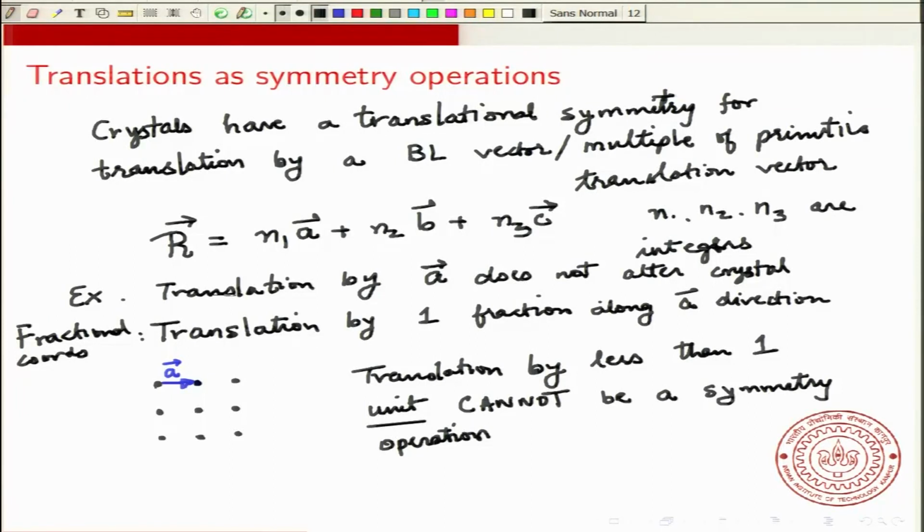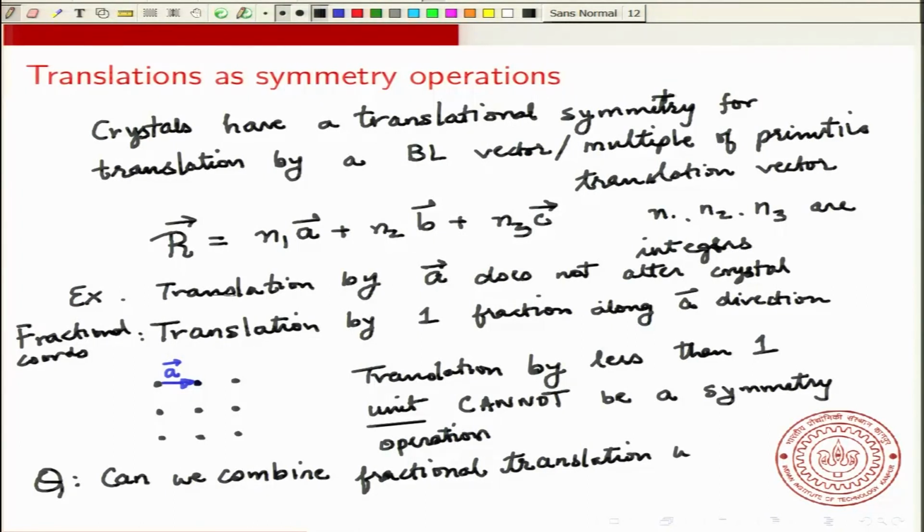So the question when we are discussing translation as symmetry operations is, can we combine fractional translation, that is, translation by less than a, which is not a symmetry operation, with other operations to generate new symmetry operations?